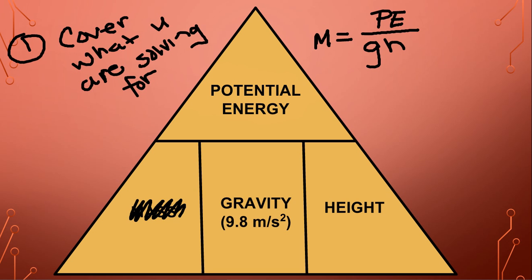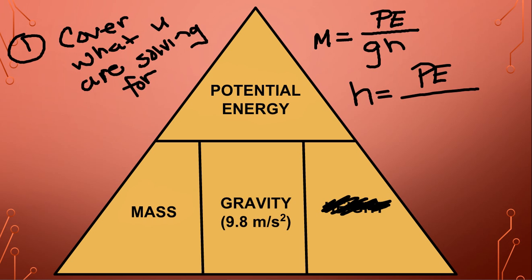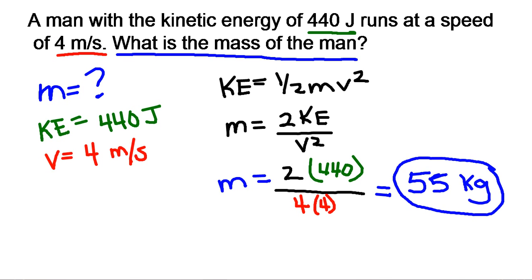And we see that potential energy divided by gravity times height is our mass. And say we wanted to solve for height. I would cover up height, and I would see that height equals my potential energy on top of my mass times gravity. And this is how you use the triangle to help you solve these problems. Let's practice some of these problems.